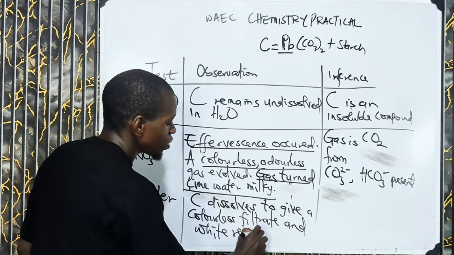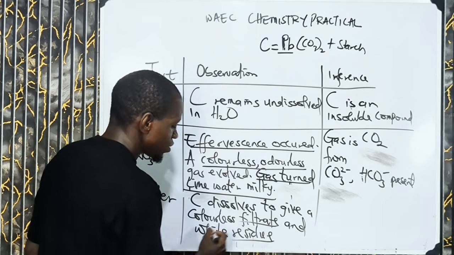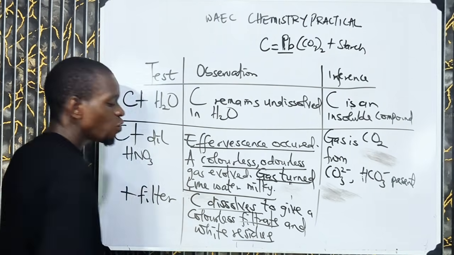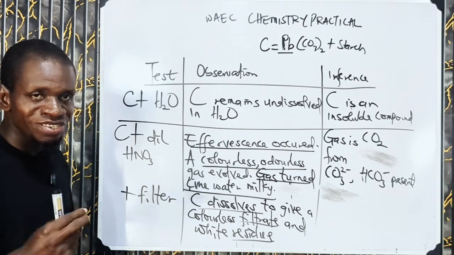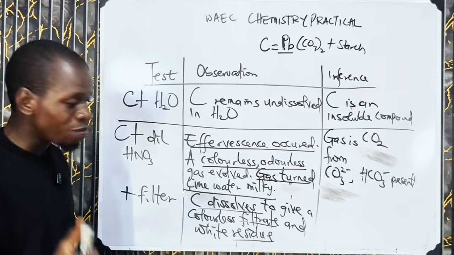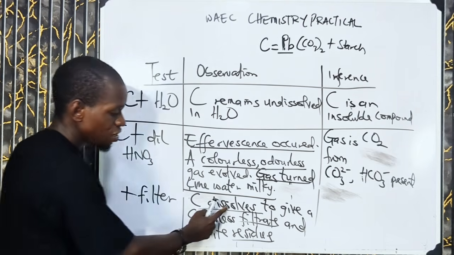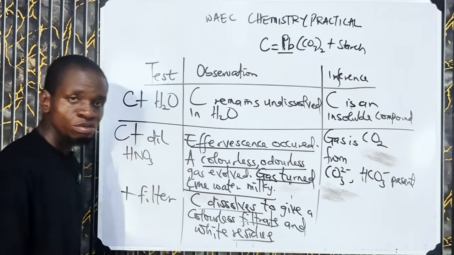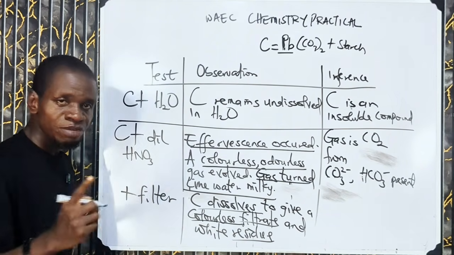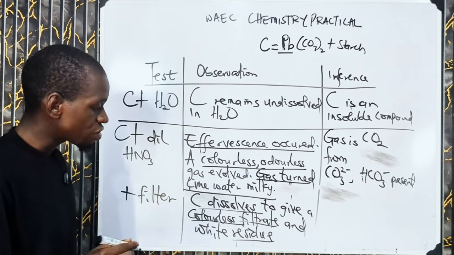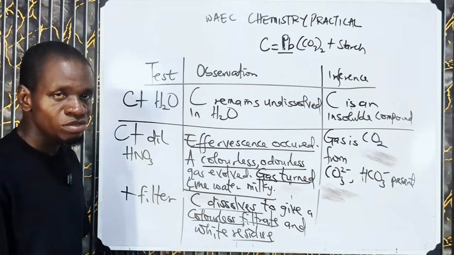Always state all this carefully, because all these C's that I'm writing have their own marks. The way examiners mark is that they point out the keywords that you need to include. So colorless filtrate is very important. It's not about saying colorless solution.